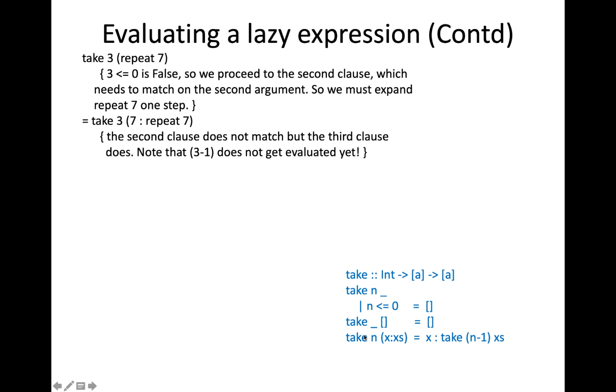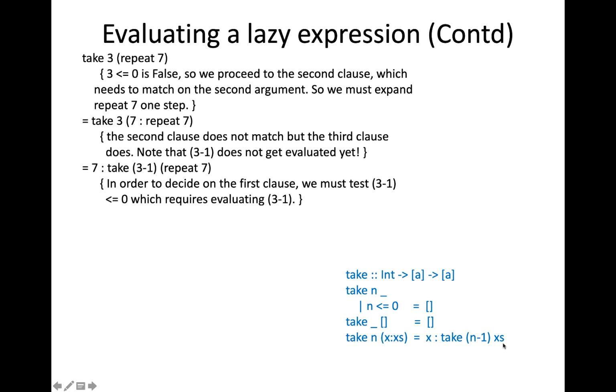So Haskell understands that the third case matches with this given input. And now let's apply the third case. So x is 7, so 7 is out, and then take 3 minus 1 repeat 7, correct?